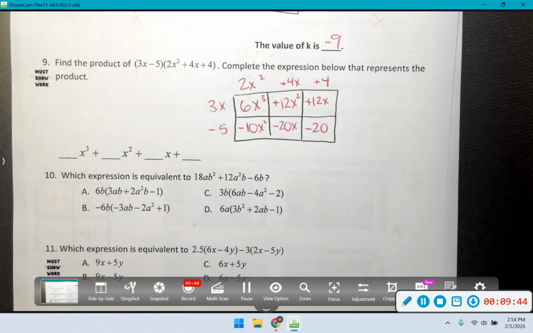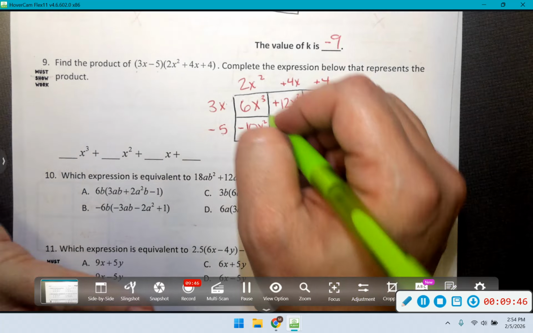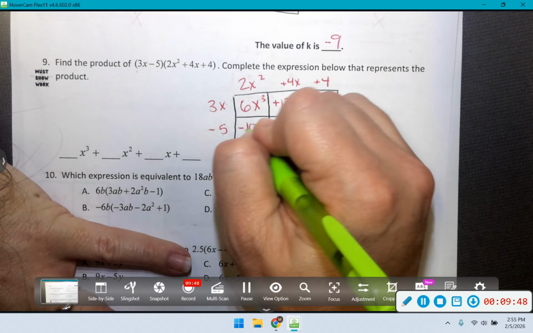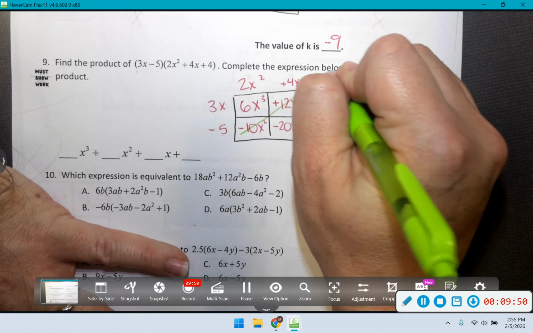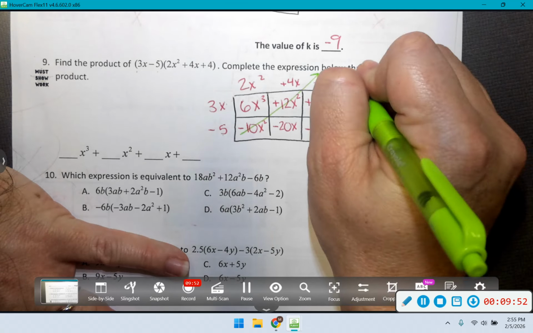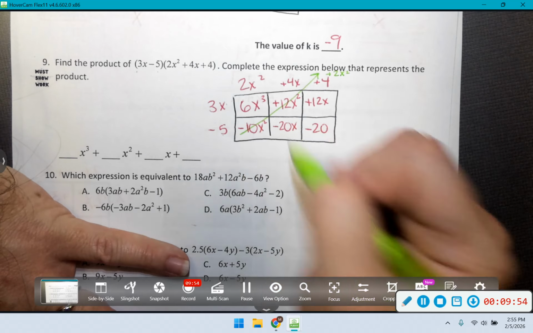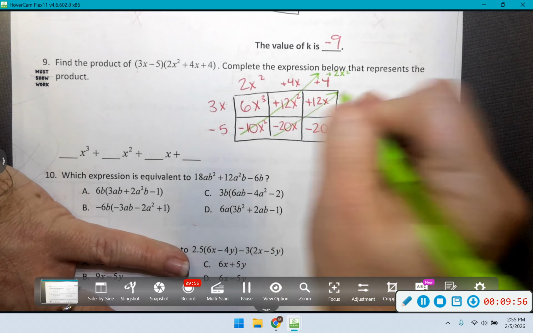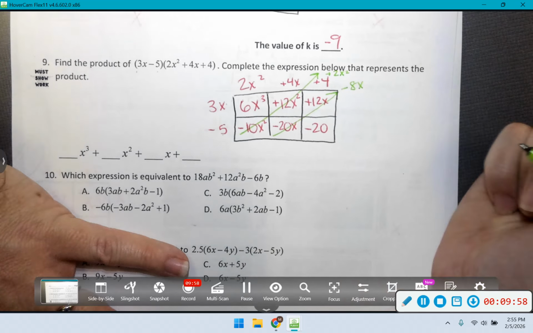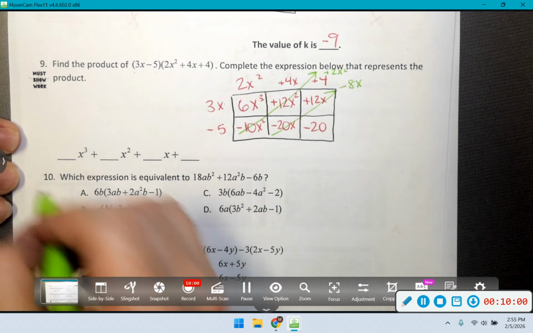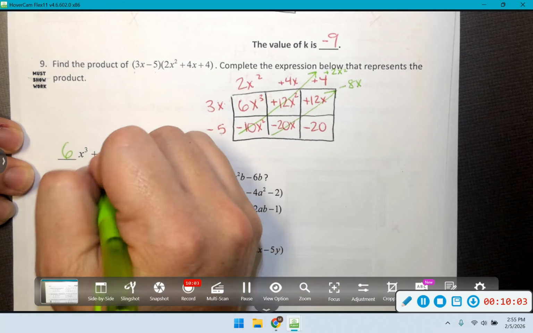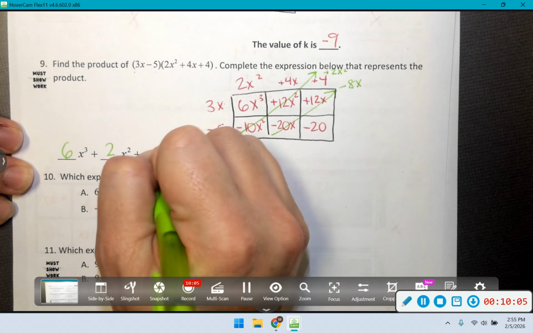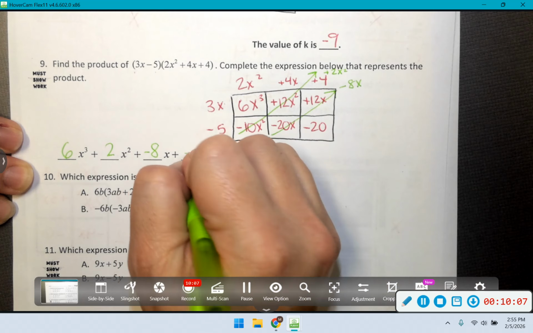And then we have to combine our like terms. So I'm going to do my diagonals because these are like terms and these are like terms. So this gives me positive 2x squared, because negative 10 plus 12, and then negative 20x plus 12x is negative 8x. So my answer is 6x cubed plus 2x squared minus 8x minus 20.